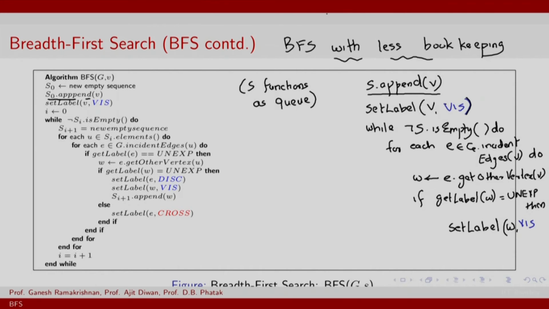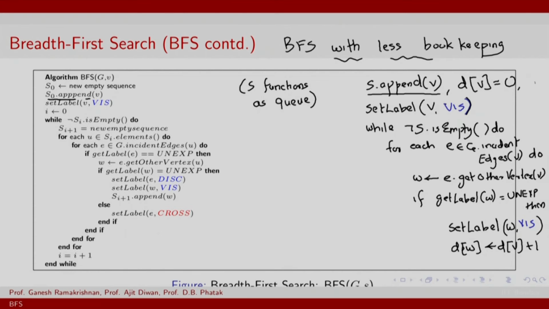And what does that mean? It means I am going to add this node to the queue. So let us do that, but before I do that I am going to also update some arrays. So I am going to keep track of the depth of a node, the depth of node from V. So depth of V is 0, and I will set the depth of W as depth of V plus 1.